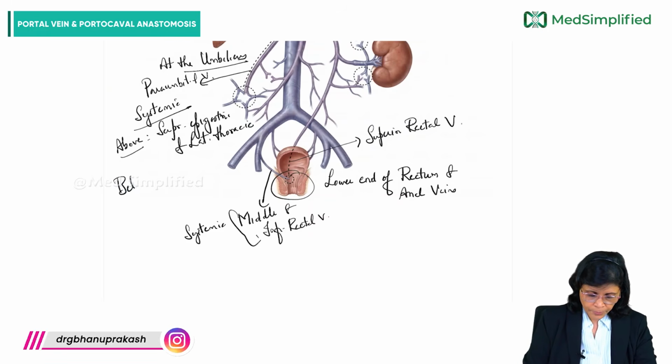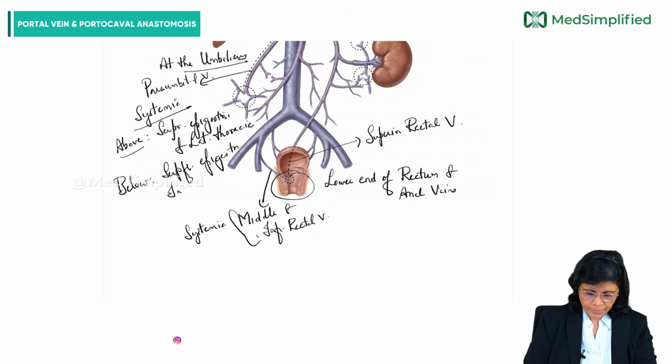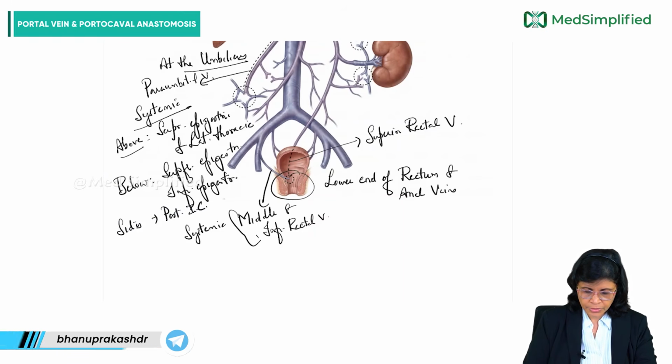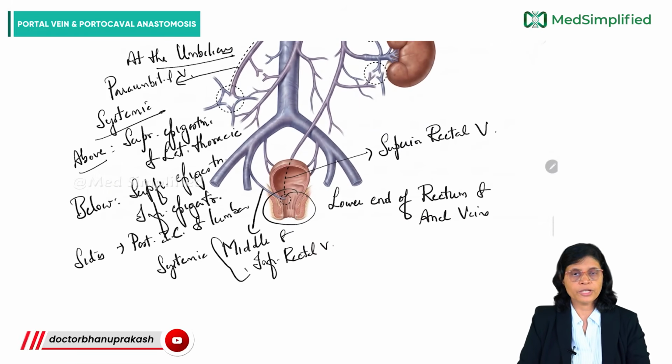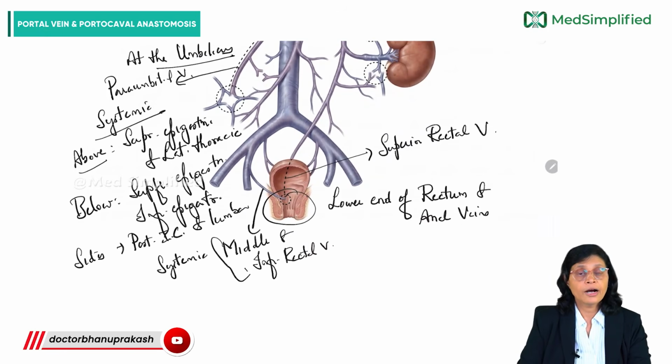From below we will have the superficial epigastric vein as well as the inferior epigastric vein. And from the sides we will have the posterior intercostal as well as the lumbar veins. So these veins form the portocaval anastomosis around the umbilicus.